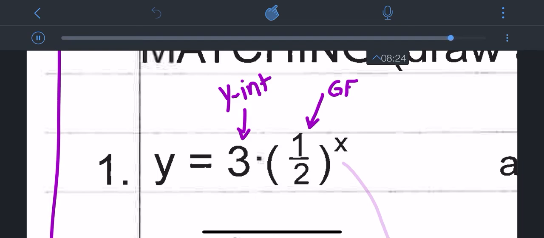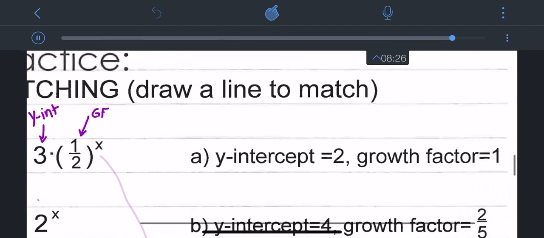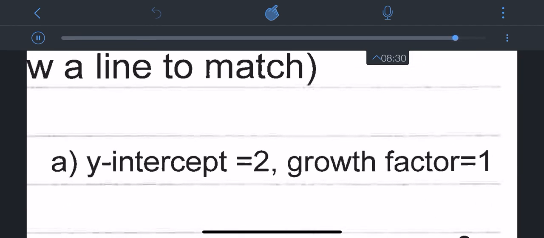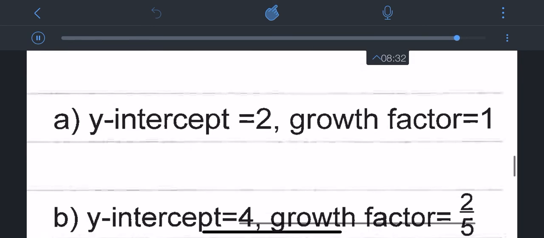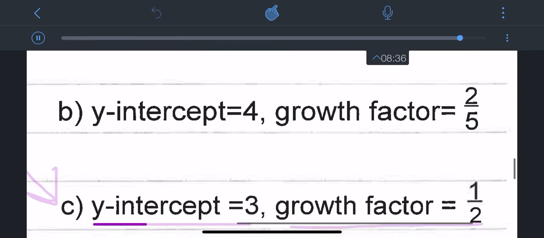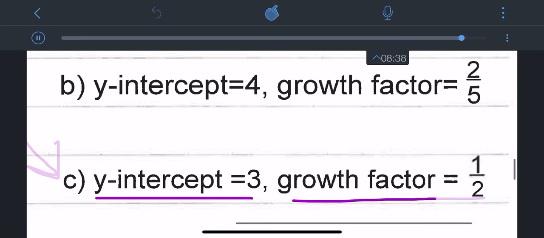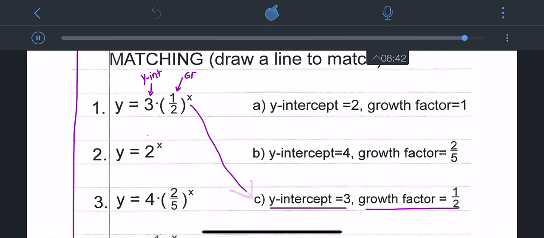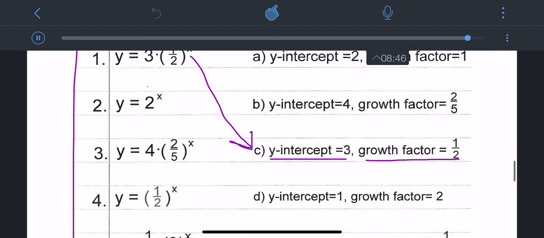So let's find an answer that has a y-intercept of 3 and a growth factor of 1/2. Do you see it? Well, it's not A, it's not B. Well, look at C, y-intercept 3, growth factor 1/2. So what we're going to do is draw an arrow from number 1 to choice C. And that's what I want you guys to do for the rest of these problems.